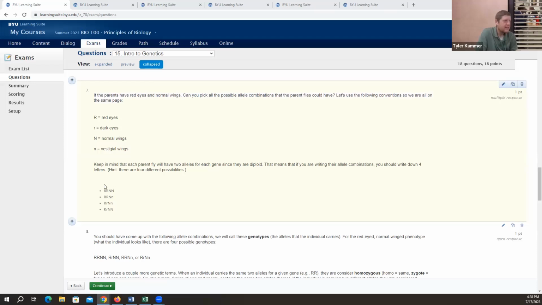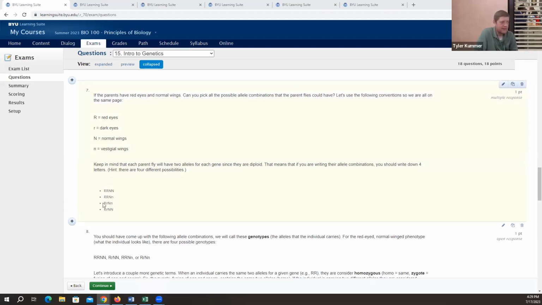That means that, let's say these top two here are our parents, okay? The big R from this parent can go to either of these two big ends. And this big R could go with either of these two ends. So when we're making our Punnett square here, we have to do all the possible combinations.